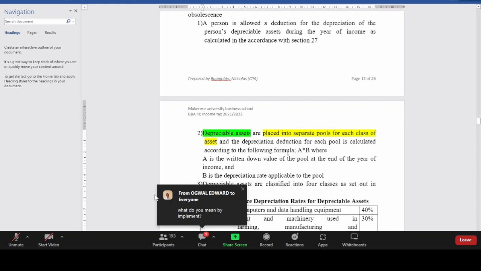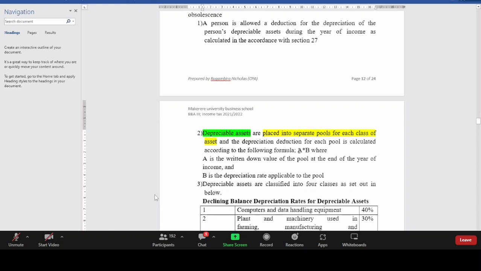And how do we charge the depreciation? They are saying it's going to be charged in line with the formula here. And what is that formula? A times B, where A is the written down value of the entire pool in which that asset belongs. You don't take one asset, the whole pool, the whole class, the whole category. And we are saying at the end of the year.